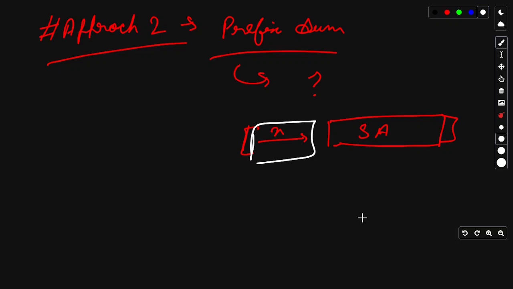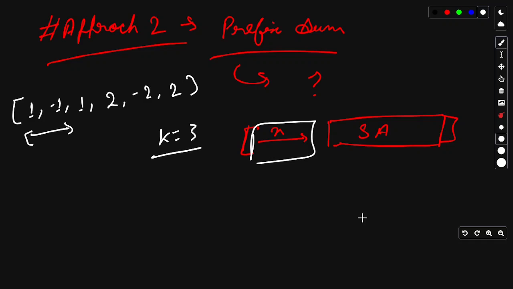And now within the problem we are told there can be negative and positive elements both. So we cannot use a sliding window as the second approach, because let's say we have a window size of one or two elements at first, and if the sum is smaller than k, we increase the window size.